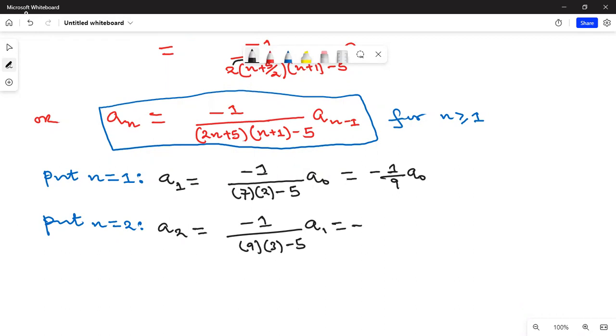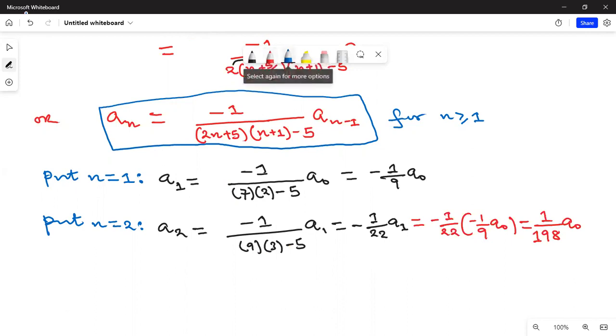So that's -1 over 22 a1. But we know the value of a1, so we can replace it, because a1 is the same as -1 over 9 a naught. So this -1 over 22 times -1 over 9 a naught. Multiply 22 times 9, that's 198. So it's 1 over 198 a naught.